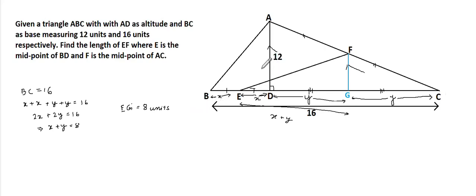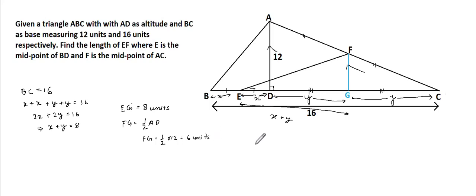Now again, AD was the altitude, and FG will be equal to half of AD because of the midpoint theorem. We can easily conclude this. So FG is equal to half of AD, which is 12 centimeters, and it comes out to be 6 units.